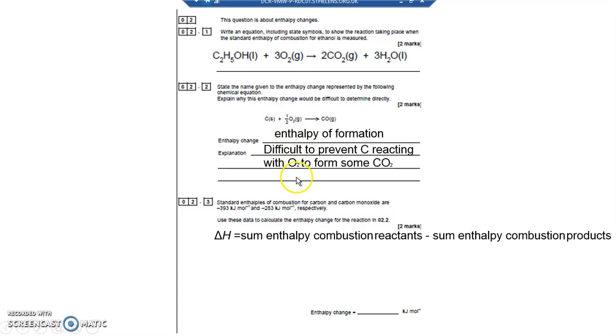Now, for carbon, the enthalpy of combustion of carbon here on the left is -393, and the enthalpy of combustion of carbon monoxide here on the right is -283. So it's take away, subtract a minus. So -393 minus -283, or plus 283, comes out as -110 kilojoules per mole.